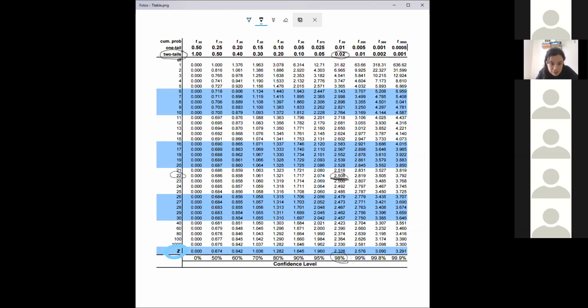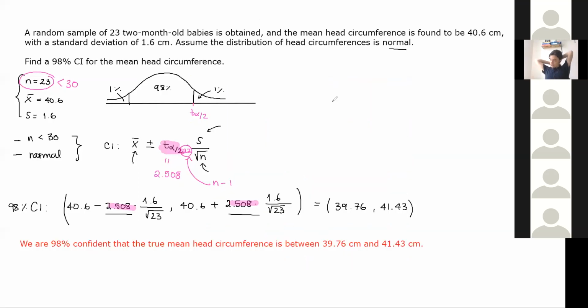Okay, I still have Caroline and Josh with their hands up. All right. And then I have a message in the chat. Okay, well, Alex, you're in luck because you have an extension for the assignment.